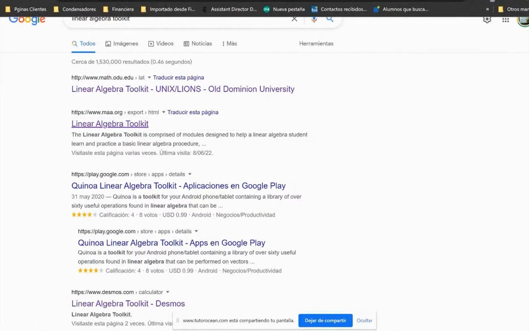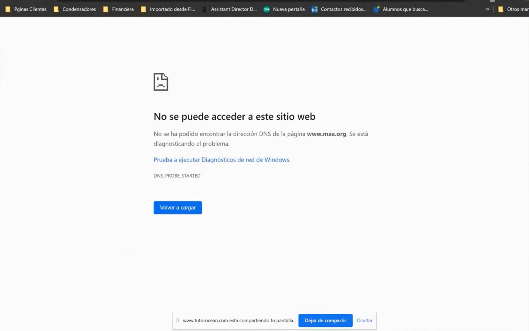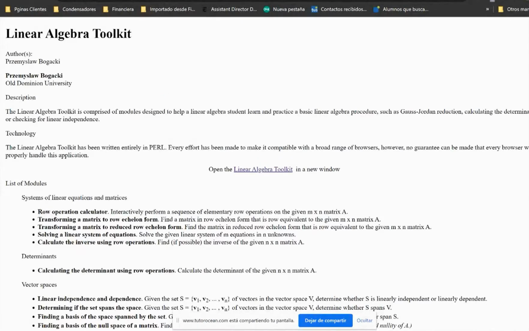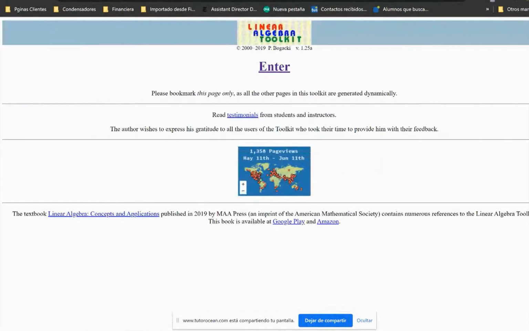It's a machine to make it immediately and check if my answer is correct at home. The American Association, Linear Algebra Toolkit.